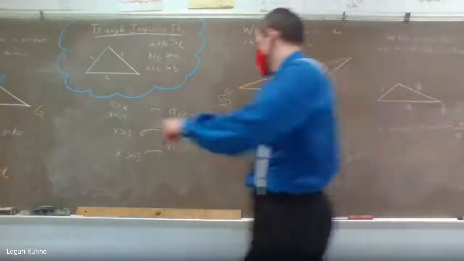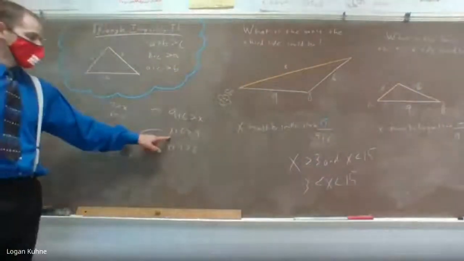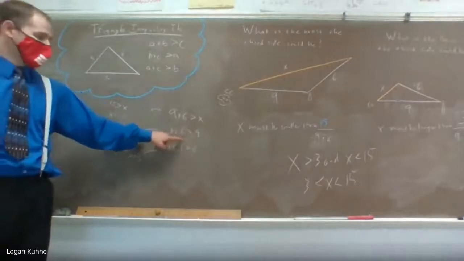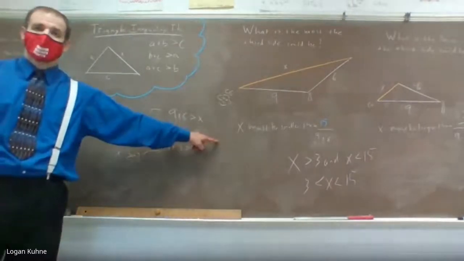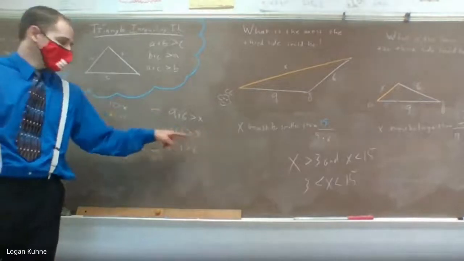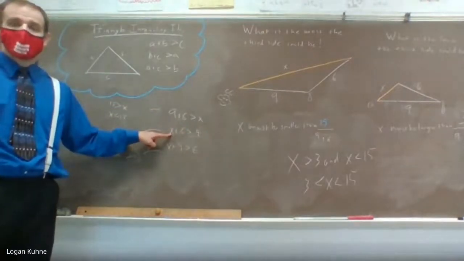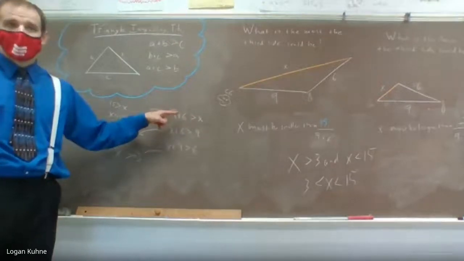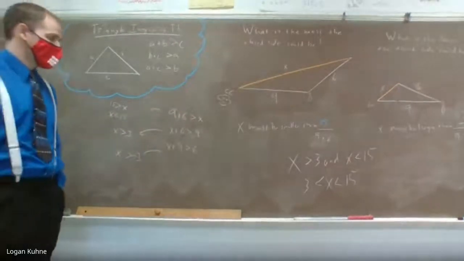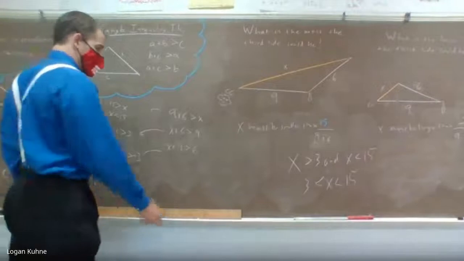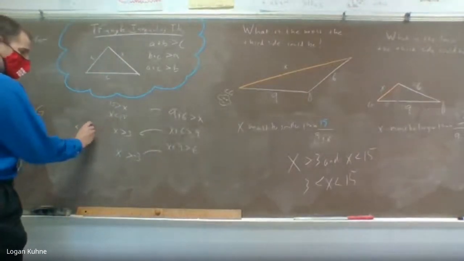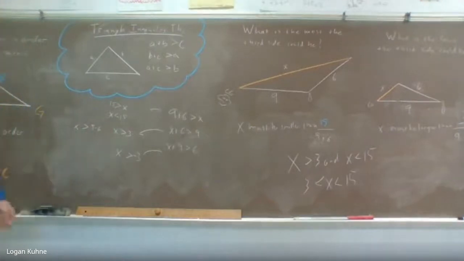Because if I take that third side and subtract this side, it's 9 minus 6, right? So that gets me the bottom number, always. Yep, subtract them, add them. We could rewrite this, X is greater than 9 minus 6. Or really, that could be any pair of sides.